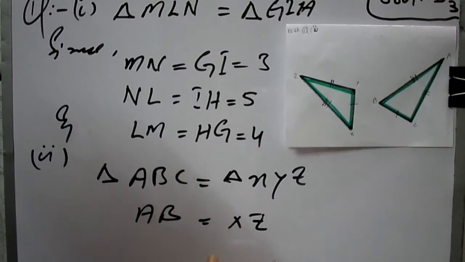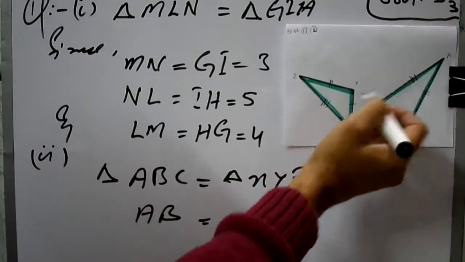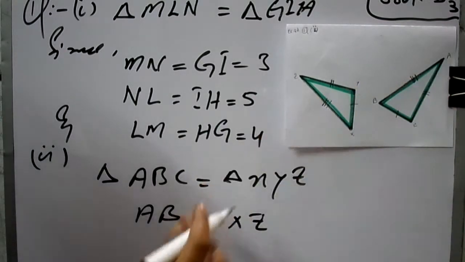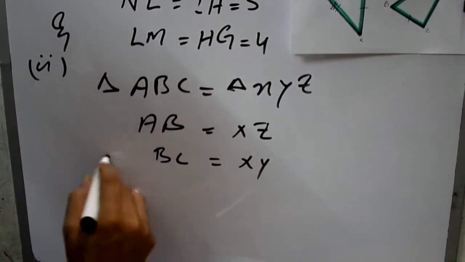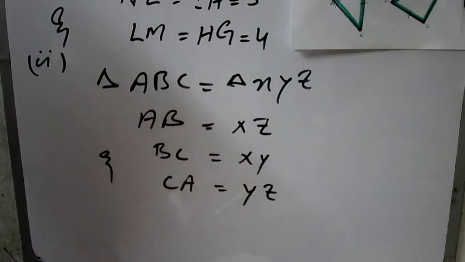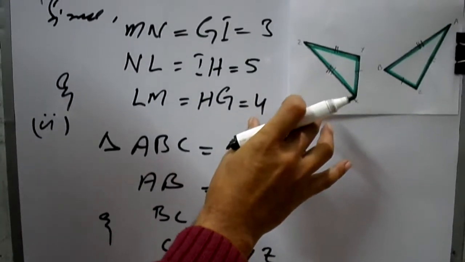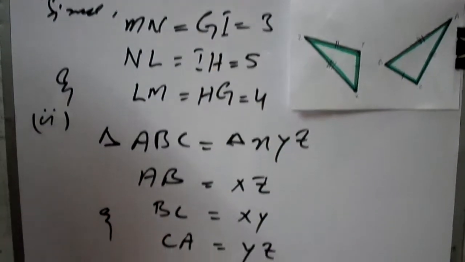If we see this, one triangle should be rotated accordingly, because these 3 cuts on this side are equal to the 3 cuts on that side. So after close observation, you can easily judge that these two sides are also equal, that is BC is equal to XY. And similarly, the third side, CA, is equal to YZ. So we can say that this is according to the SSS postulate. So it means 3 sides are equal in this situation.